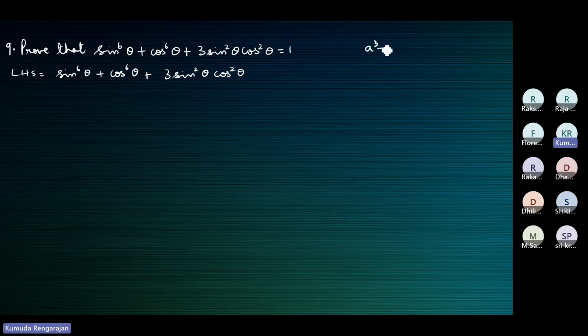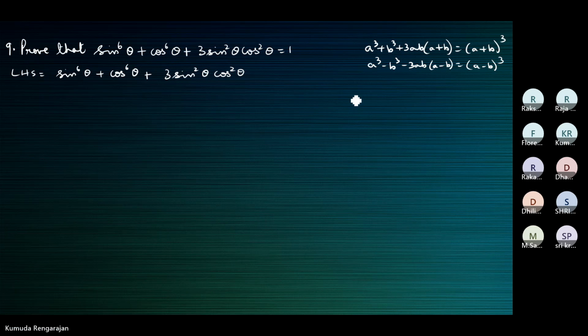We have a cubed plus b cubed plus 3ab into a plus b is equal to a plus b the whole cubed. And we also have a cubed minus b cubed minus 3ab into a minus b is equal to a minus b the whole cubed. So it's the first identity here because you can see all the terms are positive.